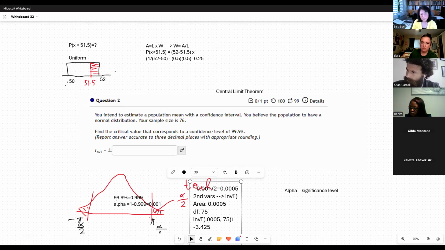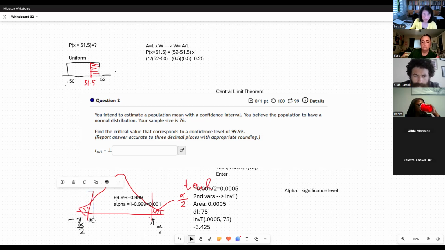So you will say, how can I account for the negative? Because we got the answer for the negative side, on the left-hand side here, okay? And left-hand side is negative. So this position here is negative 3.425, and the right-hand side is positive 3.425.